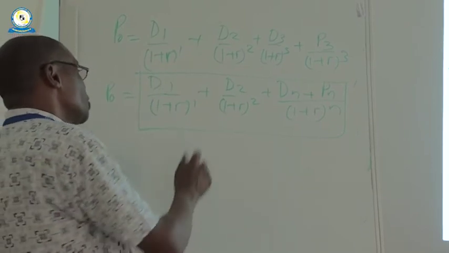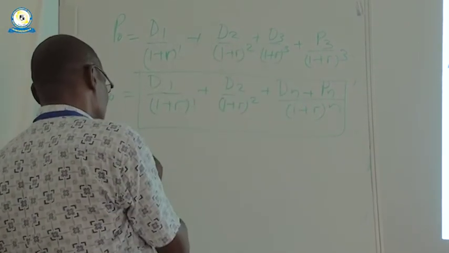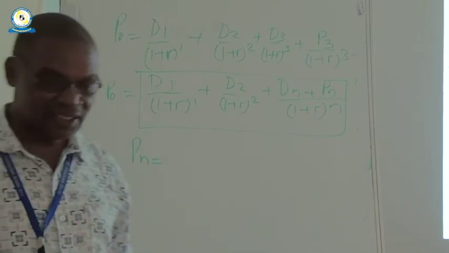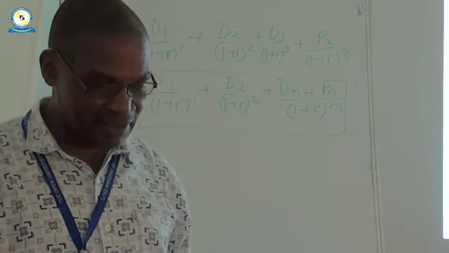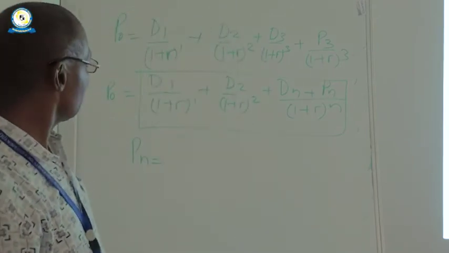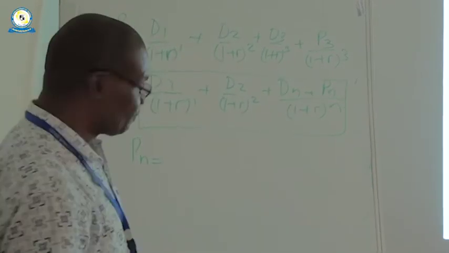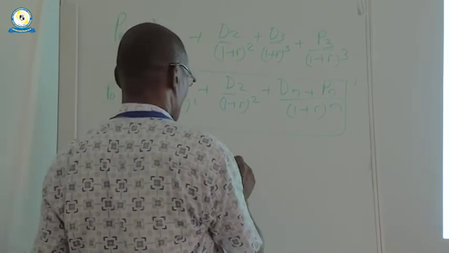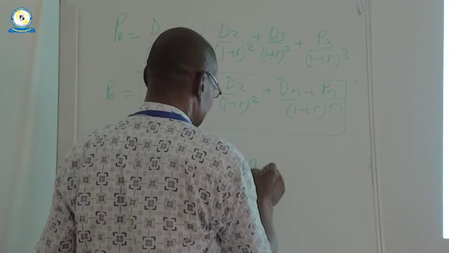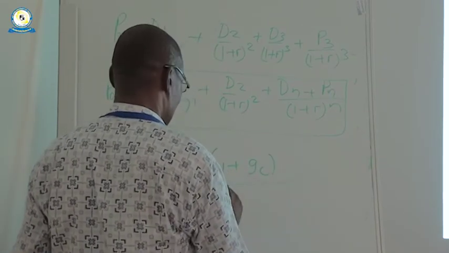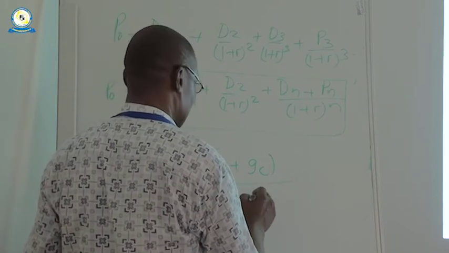Now, to get Pn, there is a formula for getting this: Pn is equal to Dn (1 plus gc) over (r minus gc).